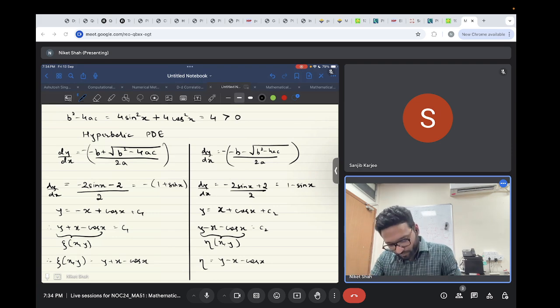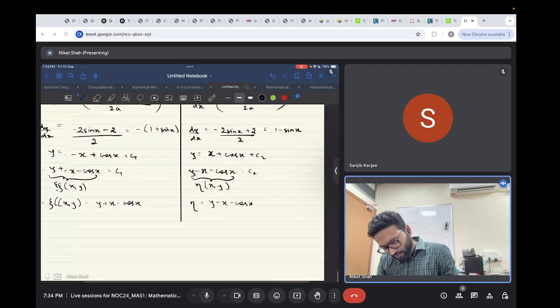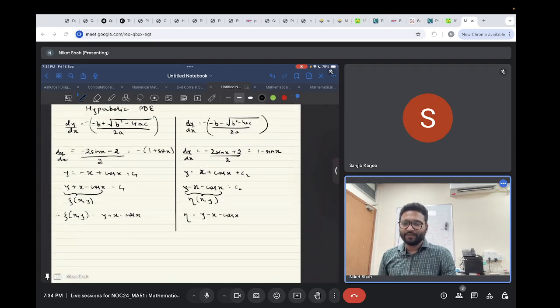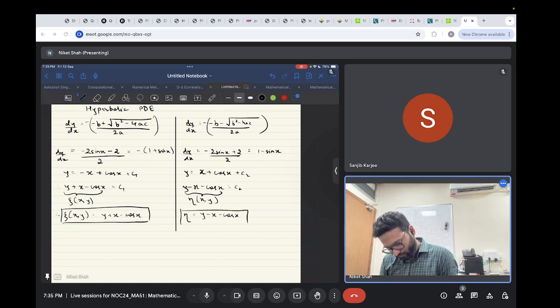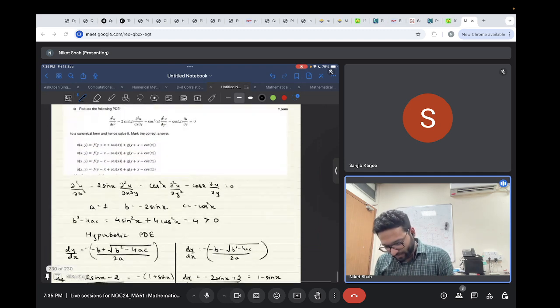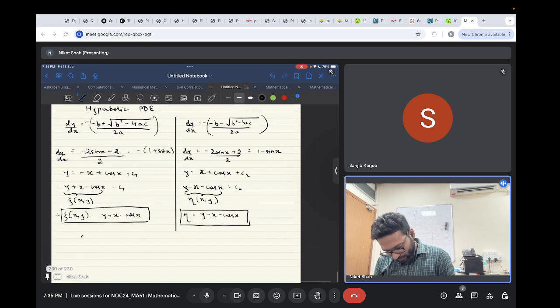Okay, so once we have found eta and zeta, the next step generally is finding these new coefficients. So basically we have some original form of differential equation, say a del square u by del x square plus b del square u by del x del y plus c del square u by del y square plus d del u by del x plus e del u by del y plus f u is equal to g.